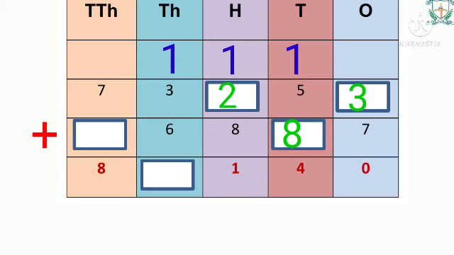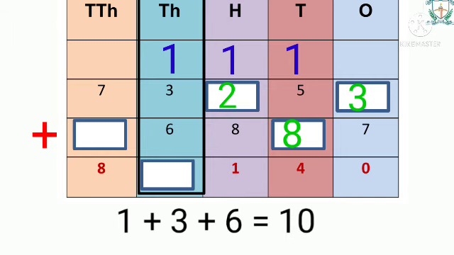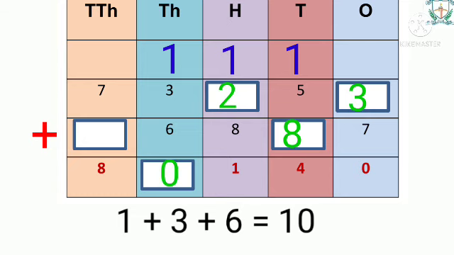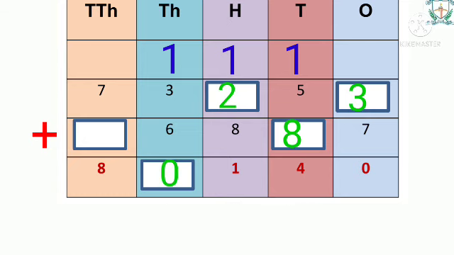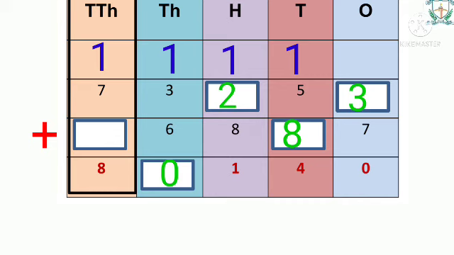Let us take thousands place digits. Here, 1 plus 3 plus 6 is equal to 10. So, write 0 in thousands place and 1 as a carry forward to 10,000s place. Let us take 10,000s place digits.